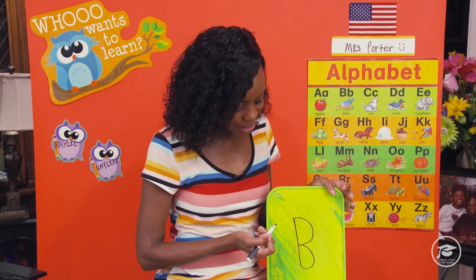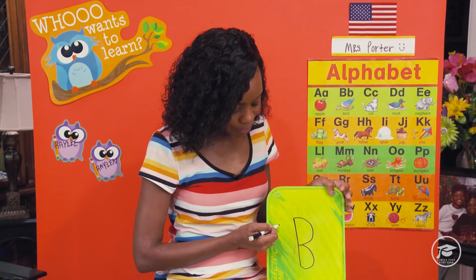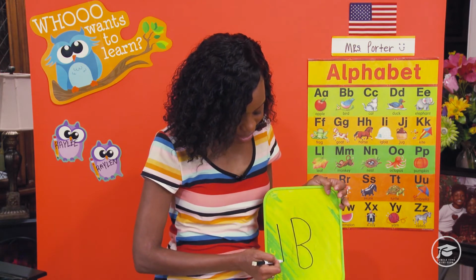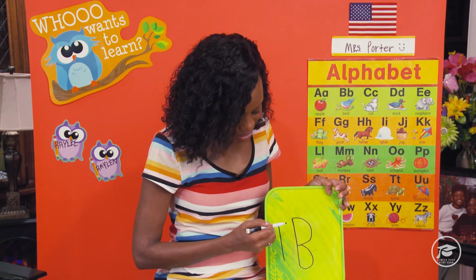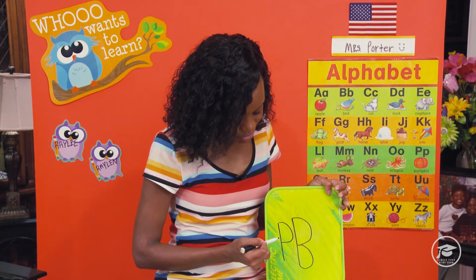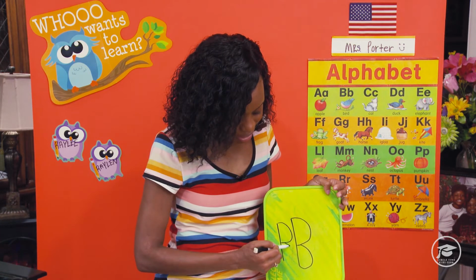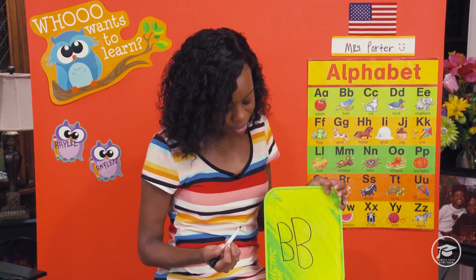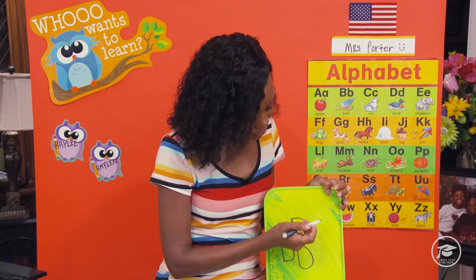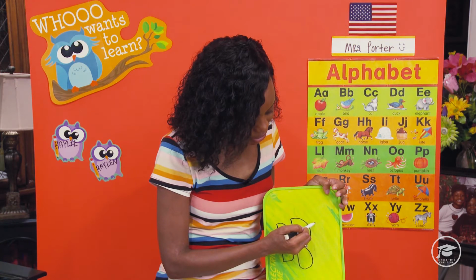So let's do this again. This is the letter B, which is a line, and then a half a circle, and another half a circle. B. Okay, let's do another one.